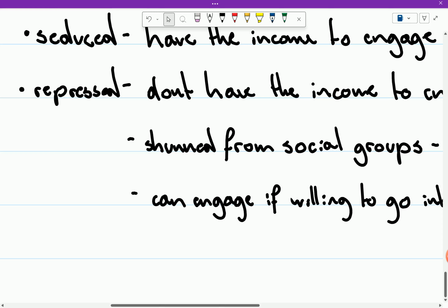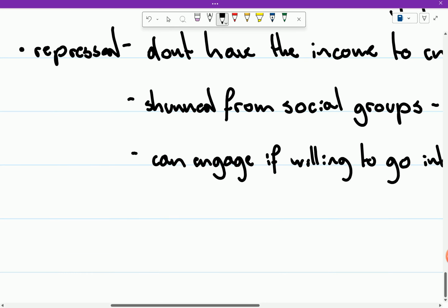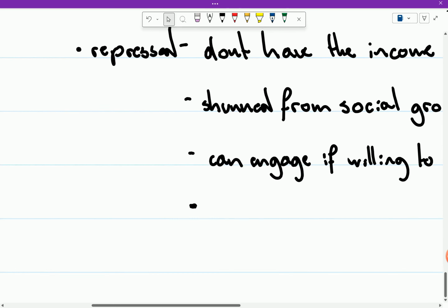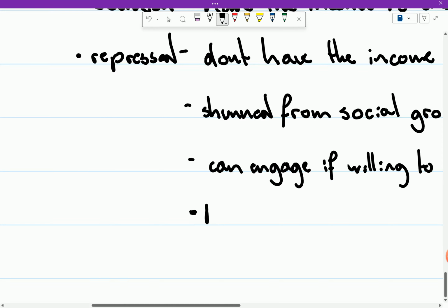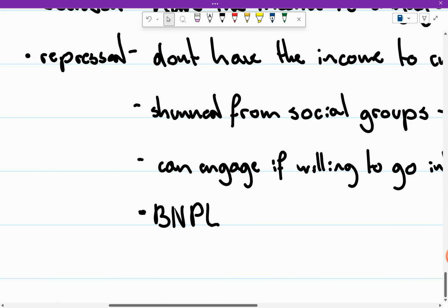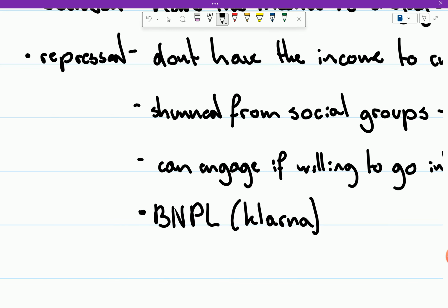And if you want to use a real life example, which might help with your A2, we have what we call buy now, pay later schemes. I'm going to put buy now, pay later. And if you want examples of that, a really good one to use would be Klarna. Klarna to help maintain the image, yep.